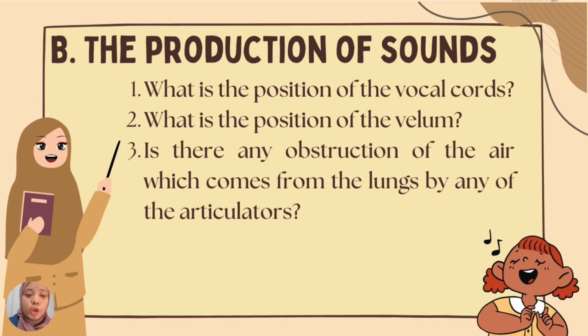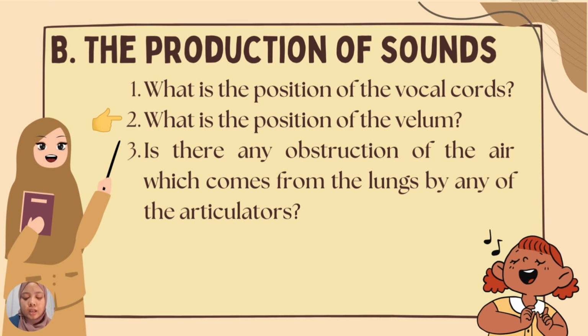Okay, the second question is, what is the position of the velum? Is it closing the entrance to the nose or leaving it open? The answer is, when the velum is attached to the back of the throat, letting no air out through the nose, then the air will pass through the mouth or the oral cavity.